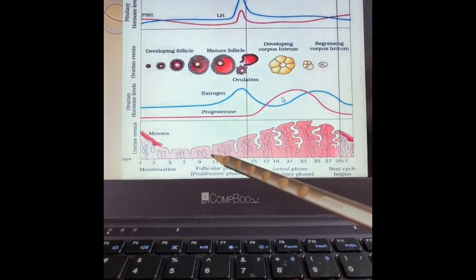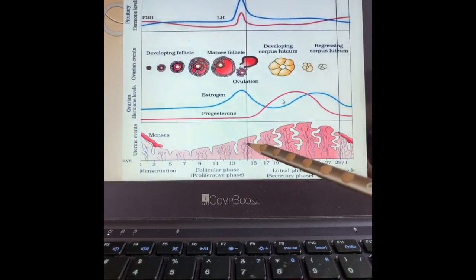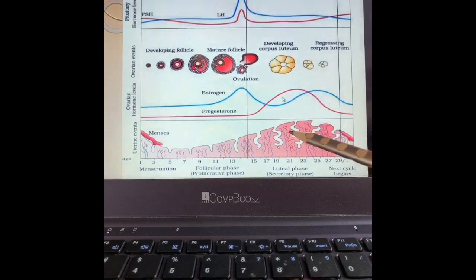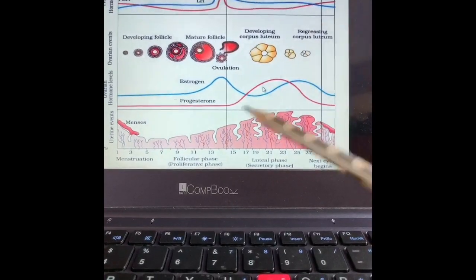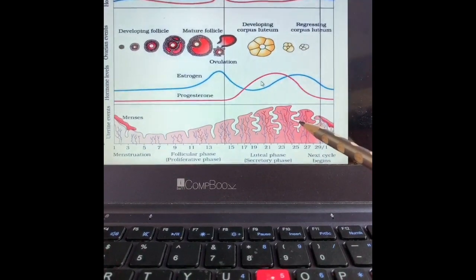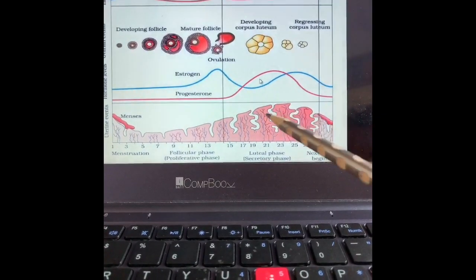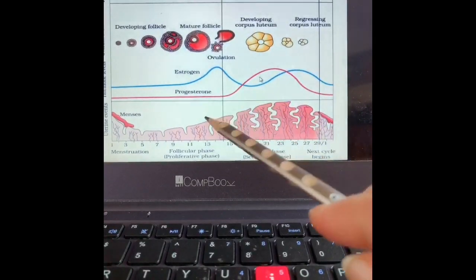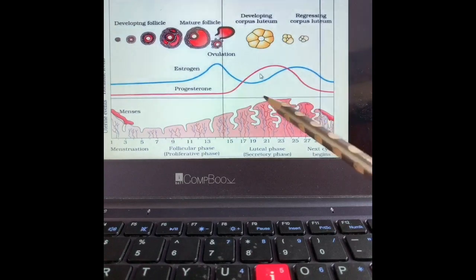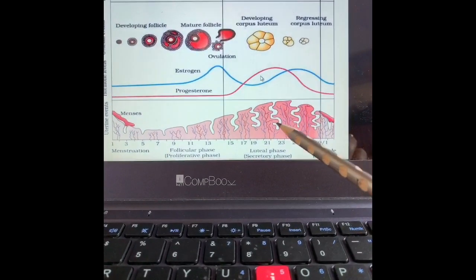By that time the uterine wall has become thickened and developed to accept a fertilized ovum. So it has got thickened so that when a fertilized ovum comes, it can get embedded in it.